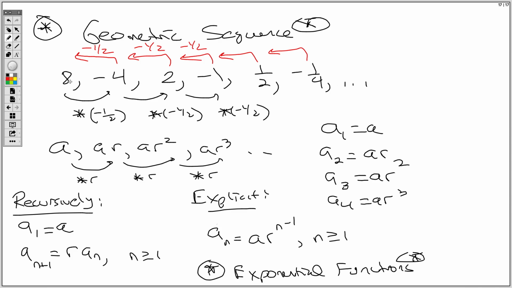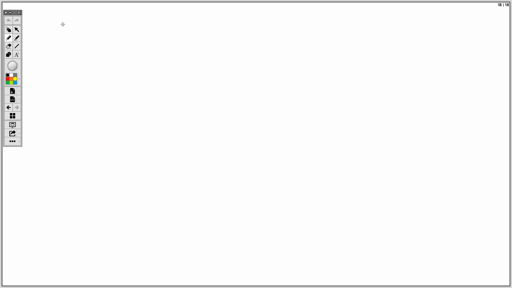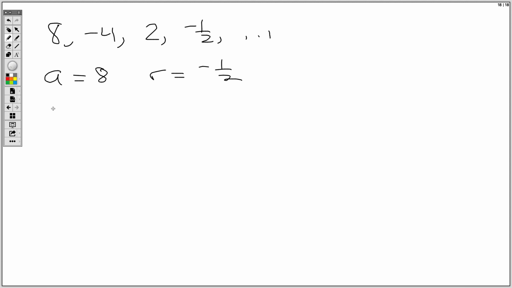For example, if we wanted to get a formula for this sequence here, we're starting off with a equals 8. The r is negative 1/2. So the formula would be a sub n is equal to a times r to the n minus 1 for n bigger than or equal to 1.